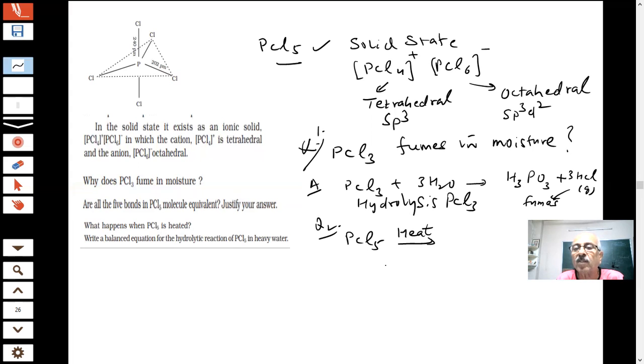When PCl5 is heated, it will decompose and form PCl3.